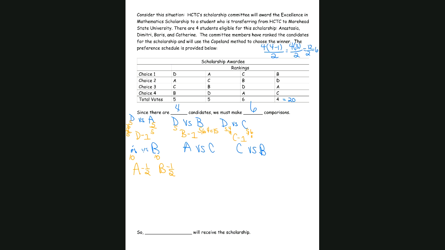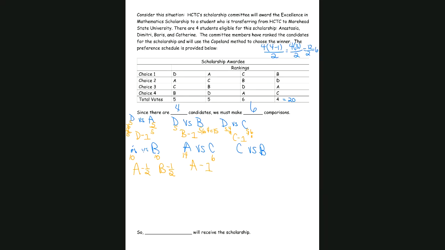Anastasia and Catherine now. Anastasia is above Catherine here, above Catherine here, and above Catherine here. So 5, 5, and 4. I'm going to say that's 14. And then Catherine's above Anastasia here. So Catherine gets 6. So Anastasia gets the point there.